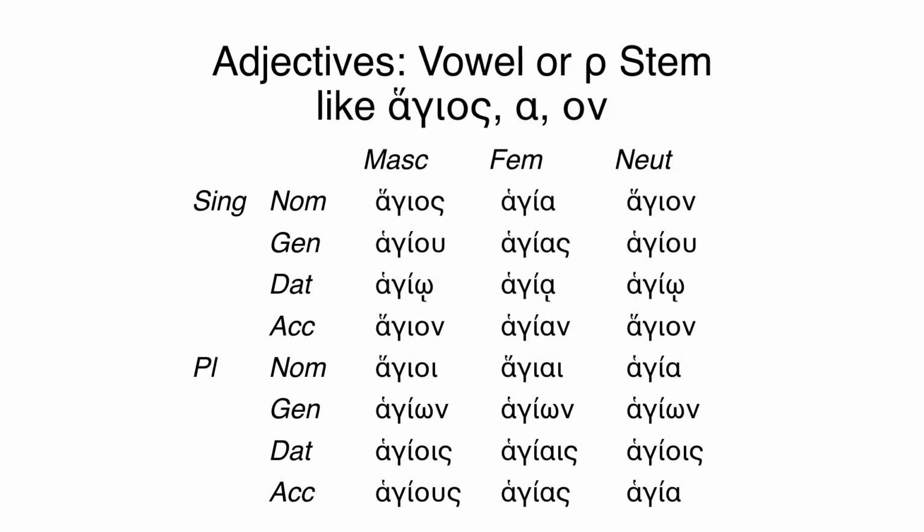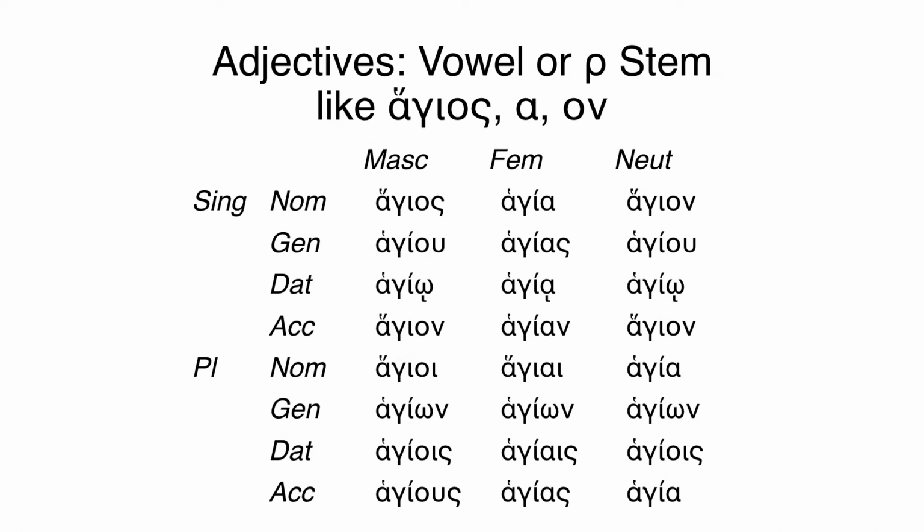Now there's another table we need to look at as well, which is when an adjective stem ends in a vowel or the letter ro, such as hagios, which means holy. The lexical entry is hagios a on. This tells us that the masculine form is hagios, the feminine form is hagia, and the neuter form is hagion.